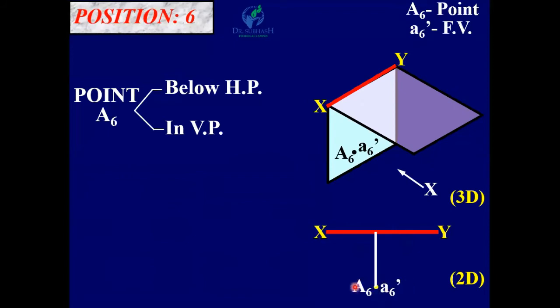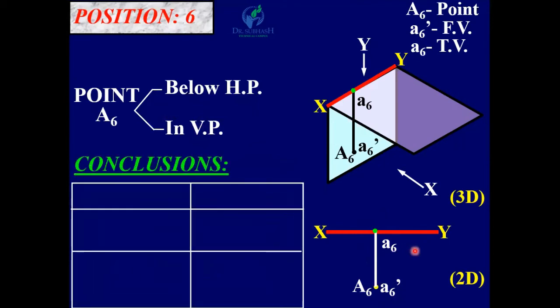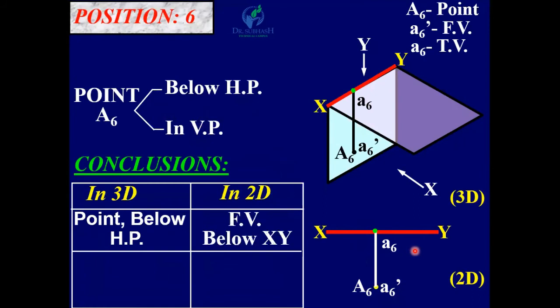So you can see this original point and front view are the same. Now looking from the top, its top view is on XY line, A6. So again, the point is below HP, so its front view is below XY line, and in VP, so top view is on XY line. So conclusion, point below HP, front view below XY, point in VP, top view on XY line.